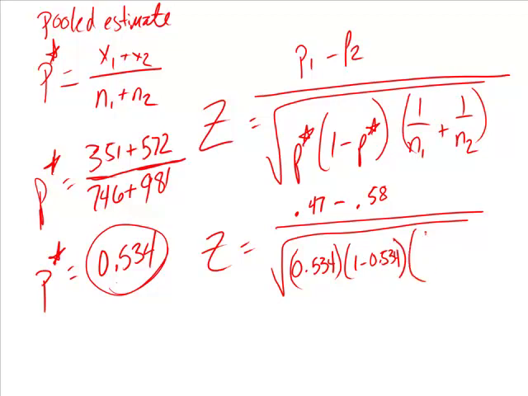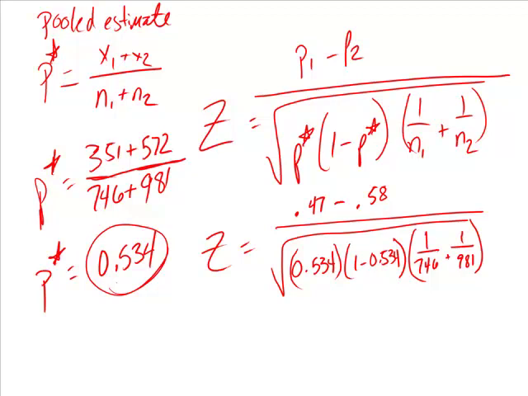And then we're going to multiply it by 1 over the number in the first group, which was 746, plus 1 over the number in the second group. It looks ugly, but with proper calculating, using your calculators, you can go ahead and compute this.